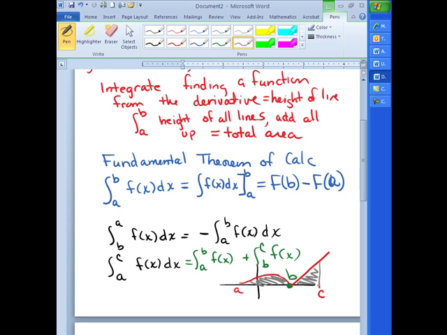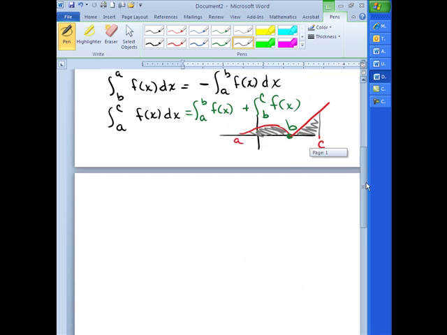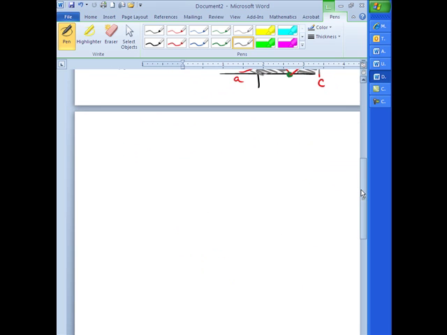And so let's do a few examples where we actually use the definite integral concepts. First example is the integral from 4 to 8 of 2 plus 3x dx.